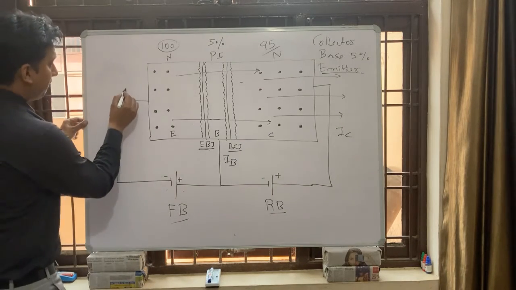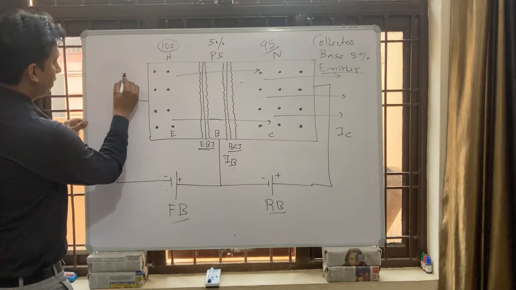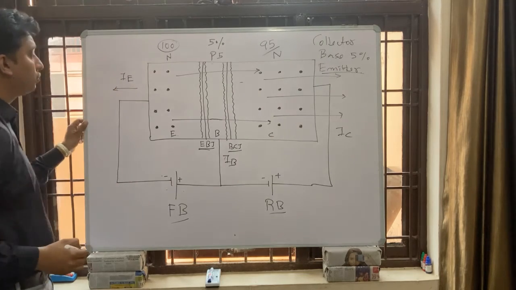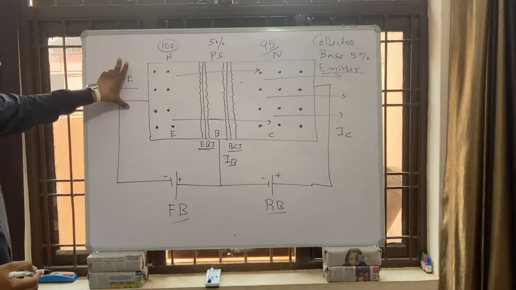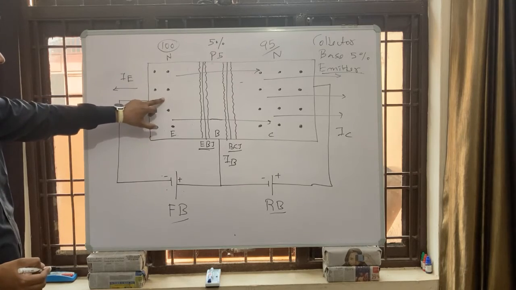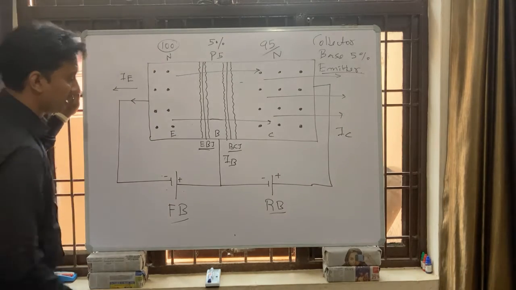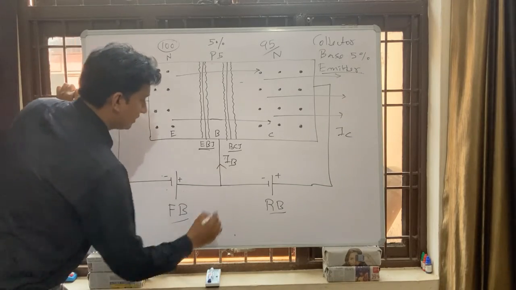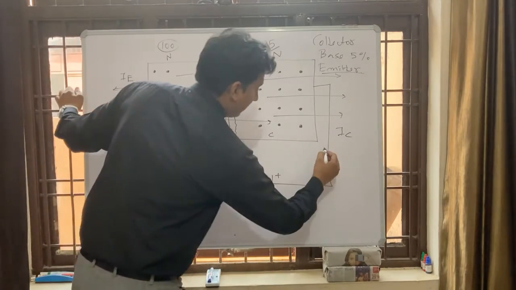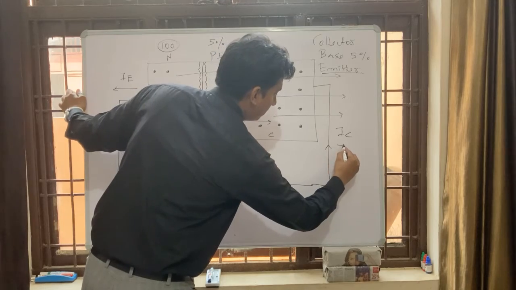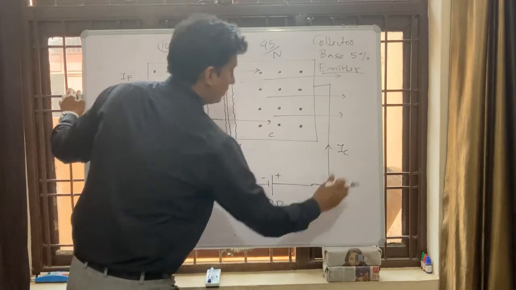So the total current IE is due to the emission of electrons from the emitter, which is towards this direction, and the base current will be towards this direction, and the collector current will be towards this direction.